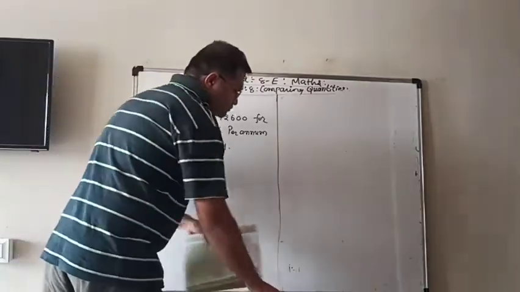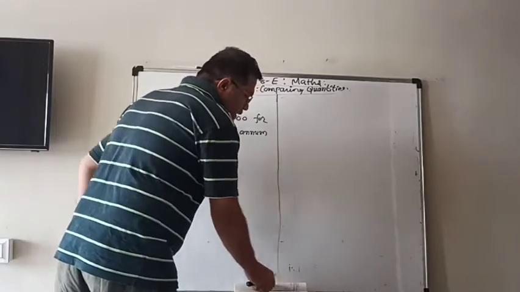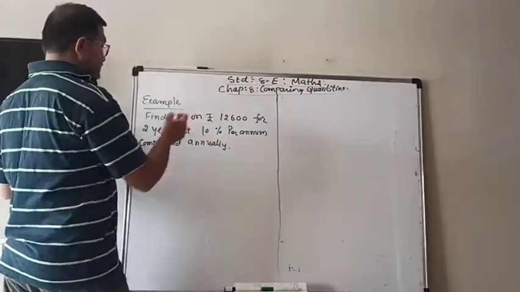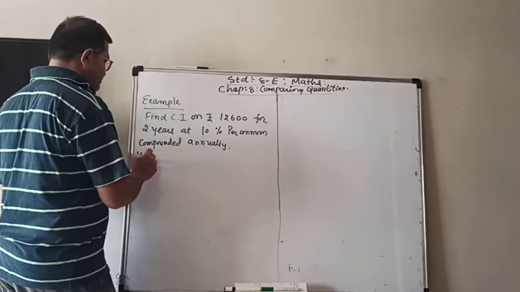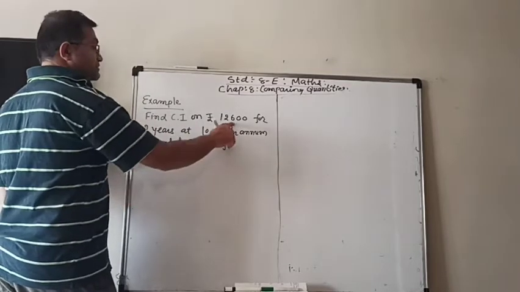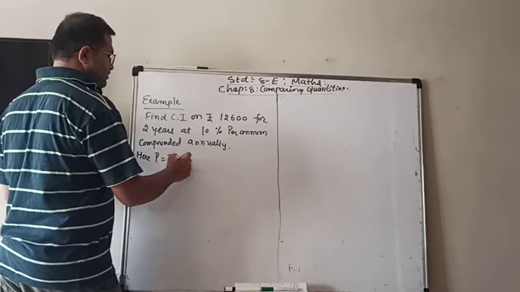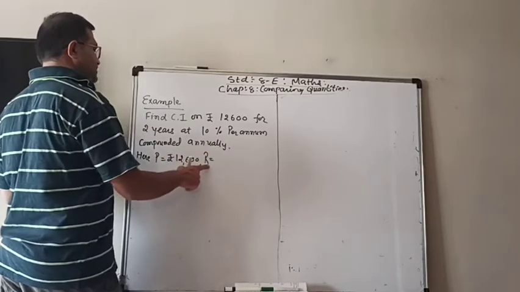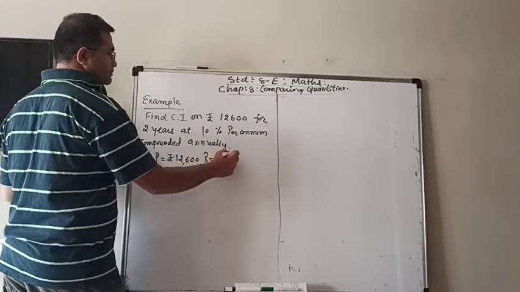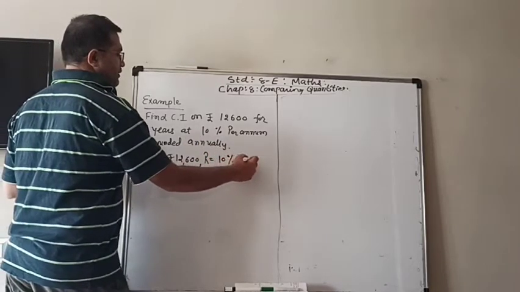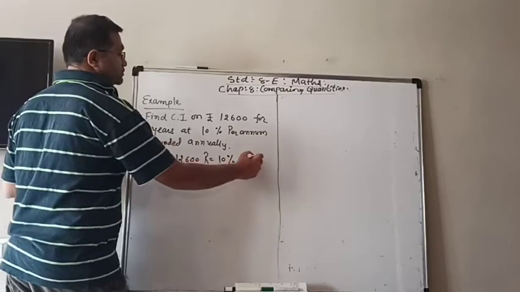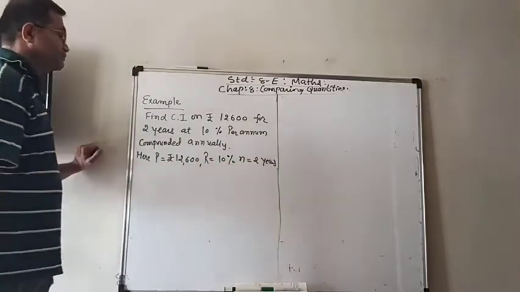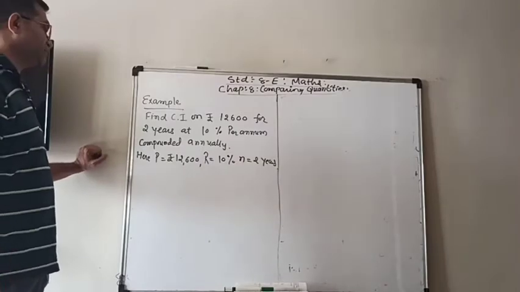So here you have to find the compound interest for 2 years. Here we will first write down P, principal, is rupees 12,600. What is the rate of interest? R is 10%. And what is n? 2 years. So first we have to write down whatever P, R and n are given.